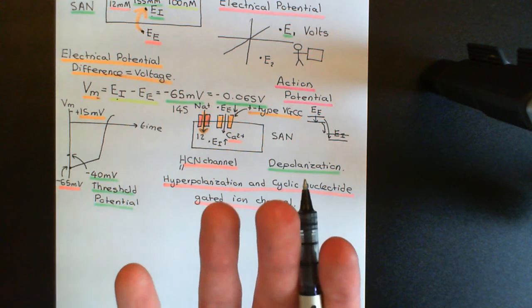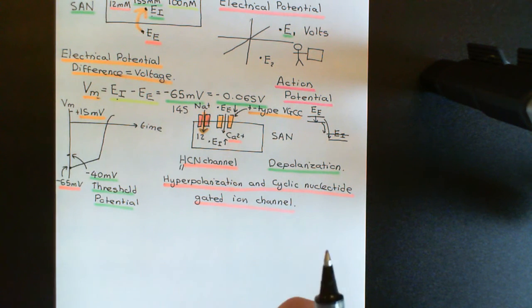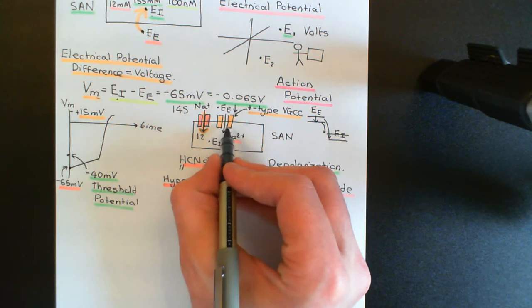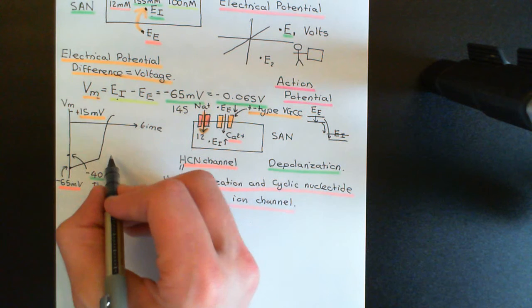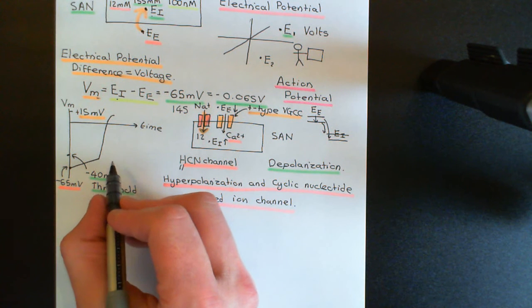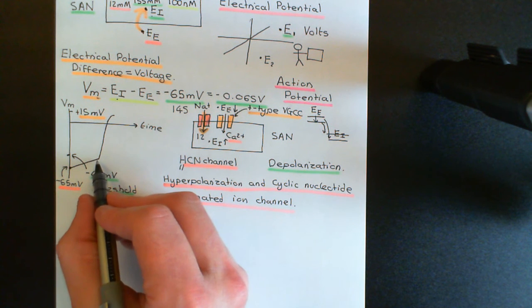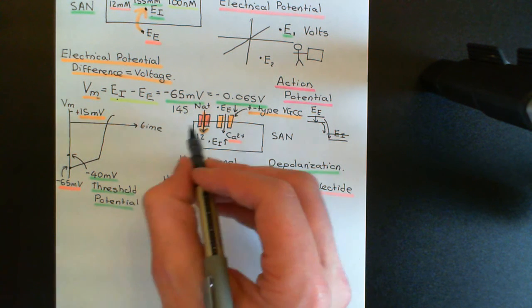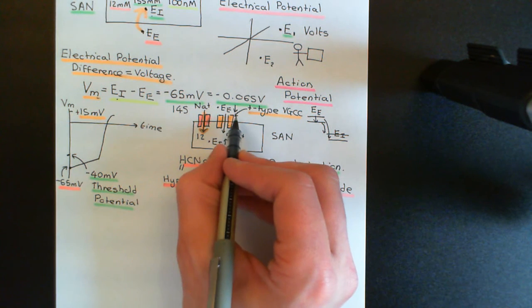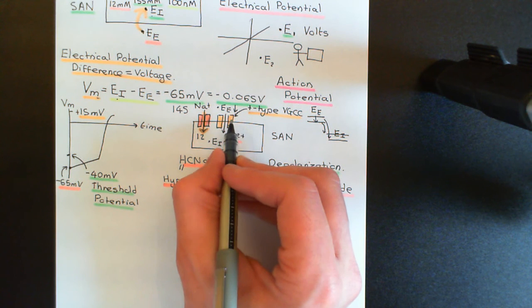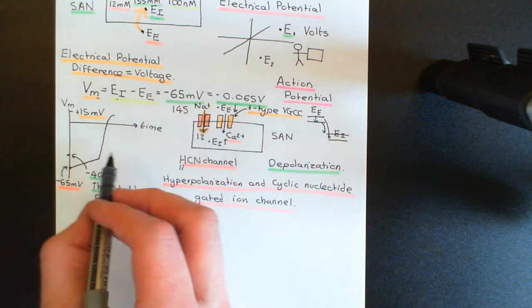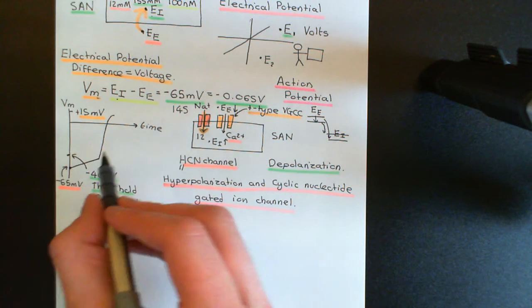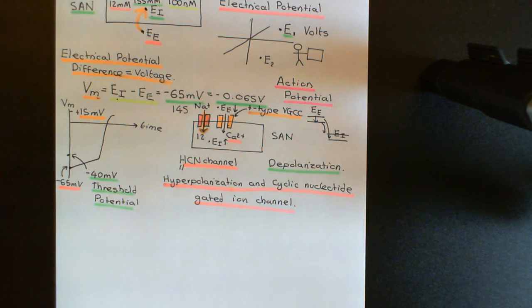Once it hits depolarization, they open transiently and then they close, and in order to get them to open again, what you have to do is take the electrical potential difference across the cell membrane back down to below negative 40 millivolts. Okay, you have to restore the electrical potential difference to what it was, and then if you then go above plus 40 millivolts, then they'll open again. Okay, but until you've taken it back down, they won't open again, so they're now shut.